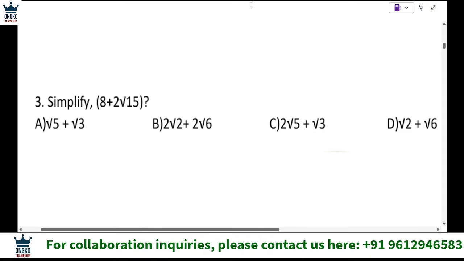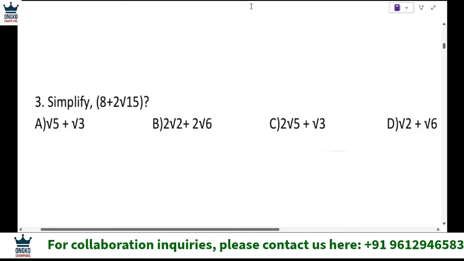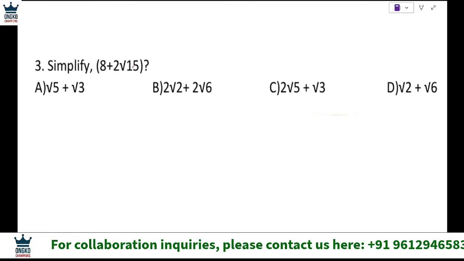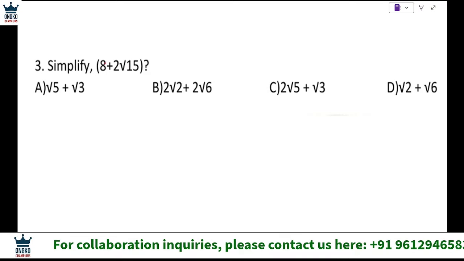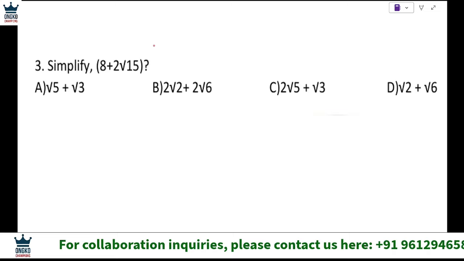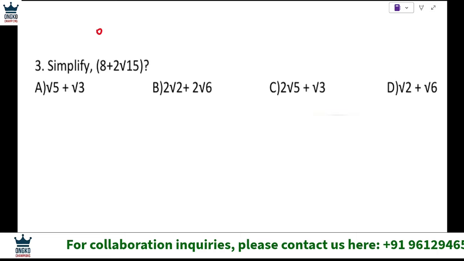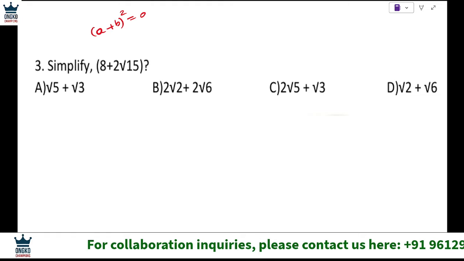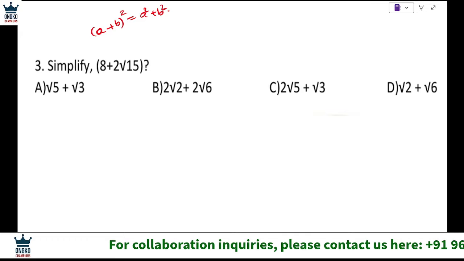Simplify this one. Alright, let's give it a try again. Now this can be 5 plus 3 plus 2 root over 15. Now we know a formula: a plus b whole squared is a squared plus b squared plus 2ab.